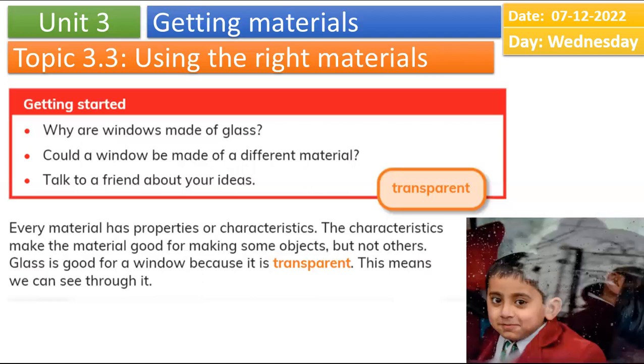Okay, so first we have to know the glass. Why do we need glass to see through? Why don't we use the wood? Why don't we use the rock to look at the other side? Okay, we can look through. We can look outside.